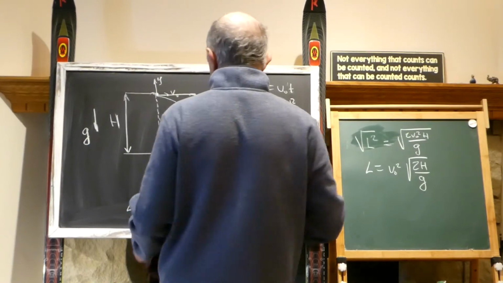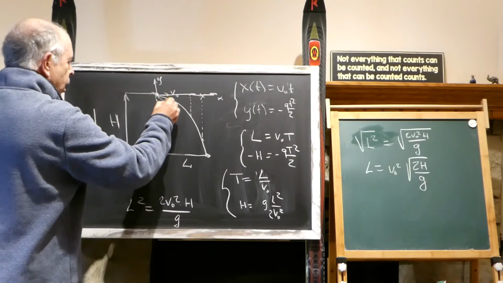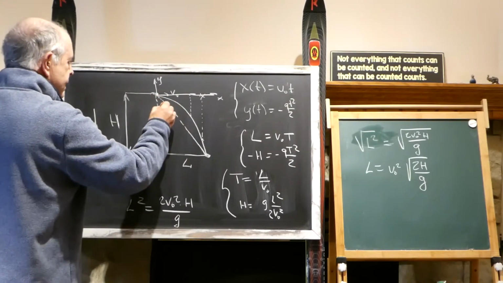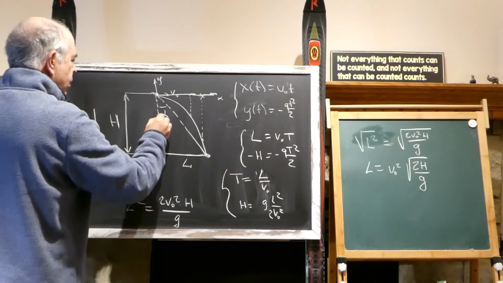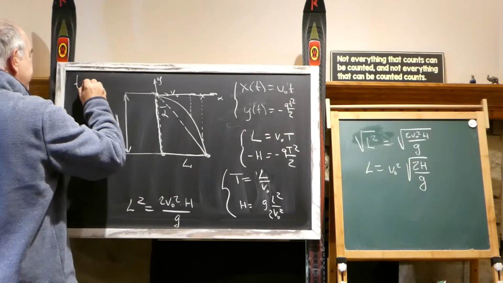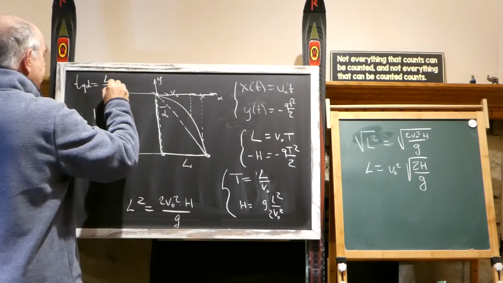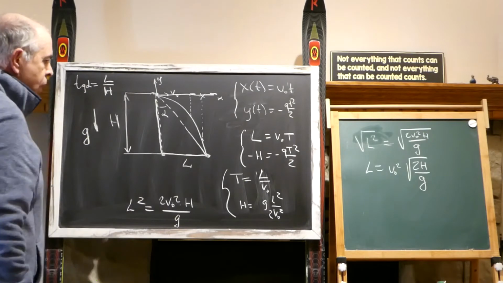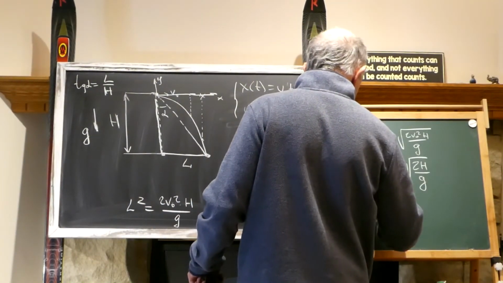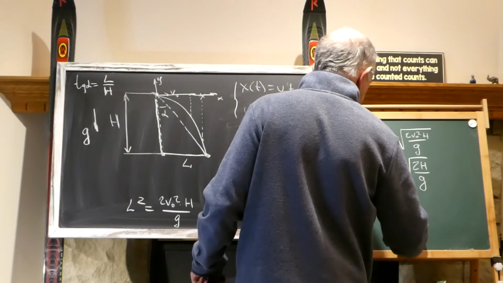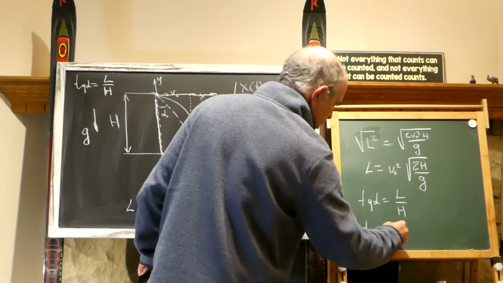And in the problem they ask us how we will see this target. We will see this target under this angle, alpha. And just from this triangle, we can say that tangent alpha, and that's what they essentially want us to find, is L divided by h. And so we have tangent alpha equals L divided by h.